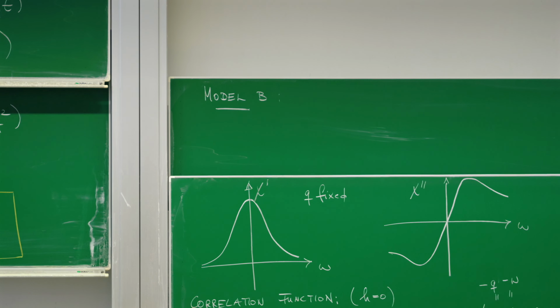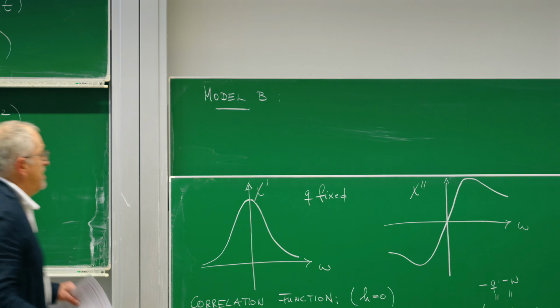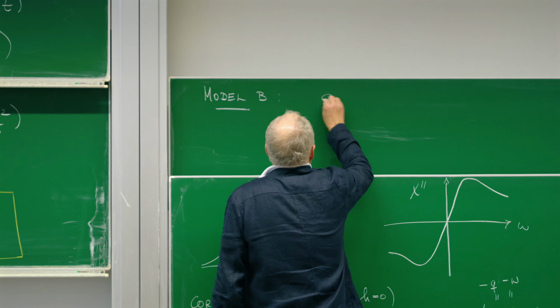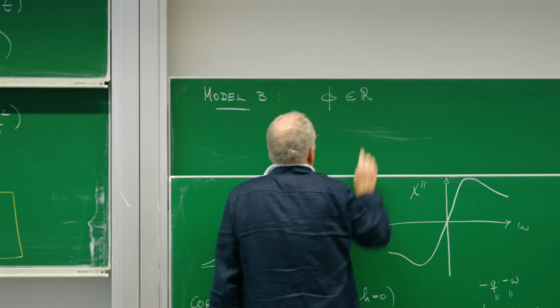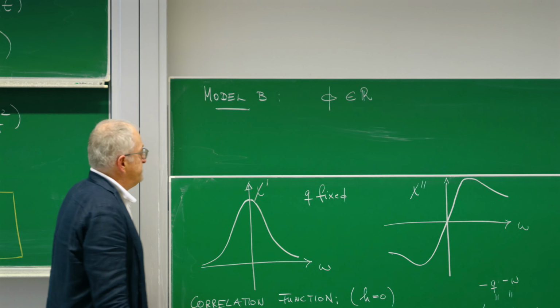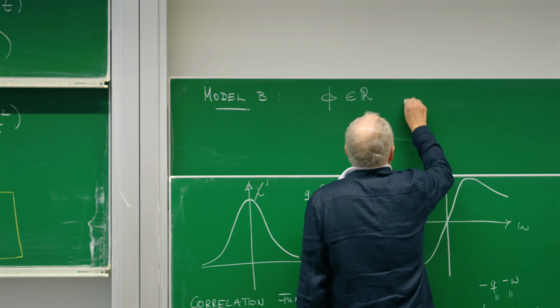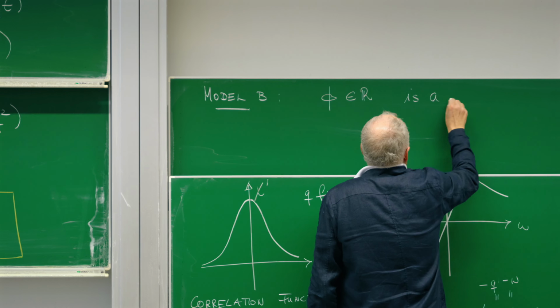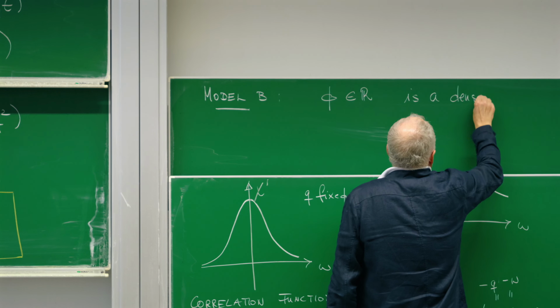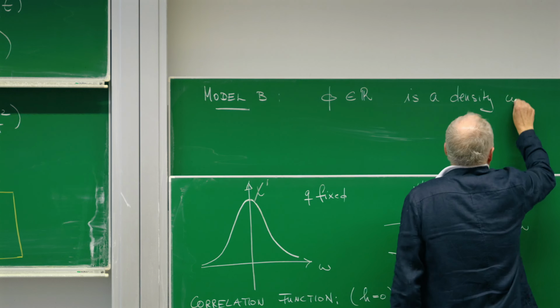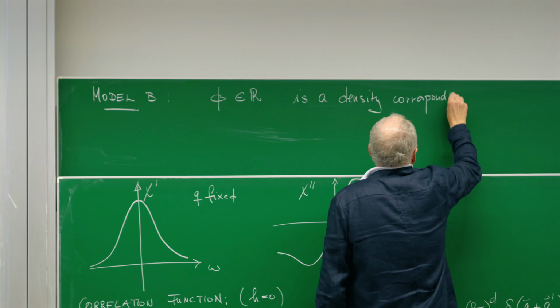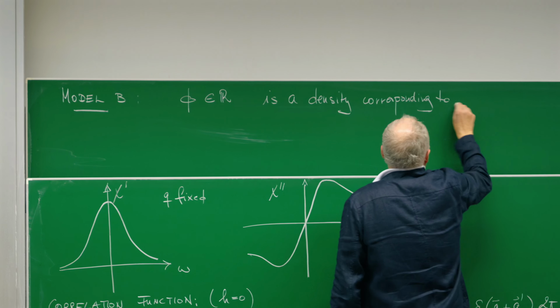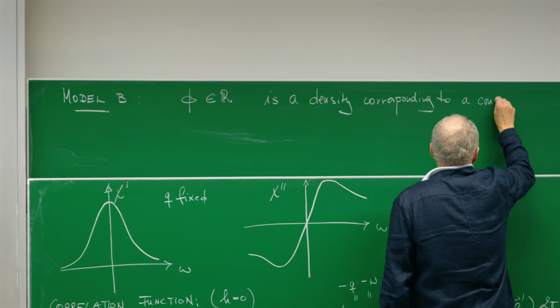In model B, what's different is that your field phi, and for simplicity, let me now take a scalar field phi. This field phi is a density corresponding to a conserved quantity.